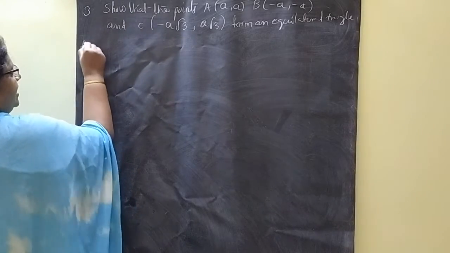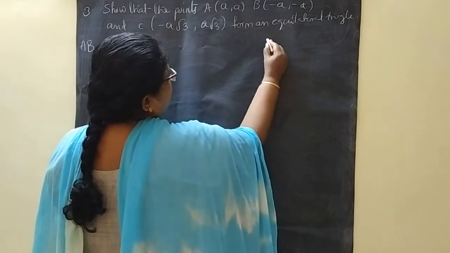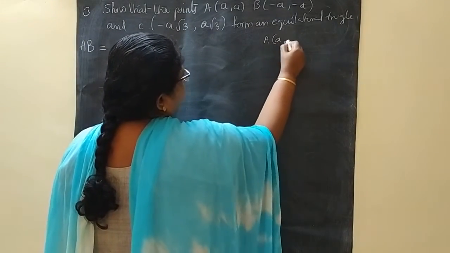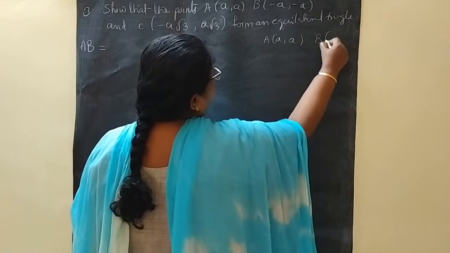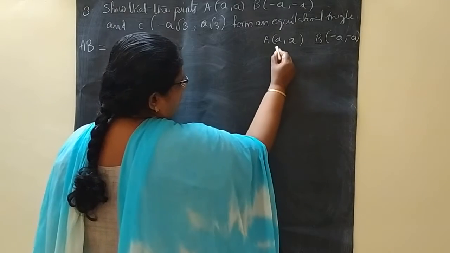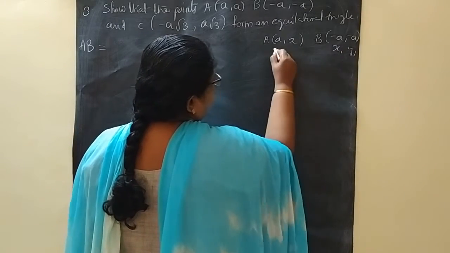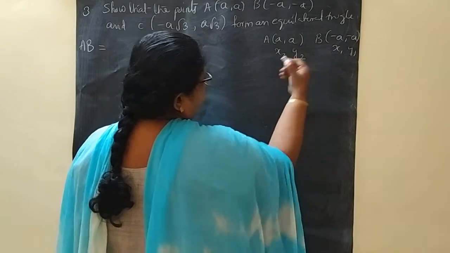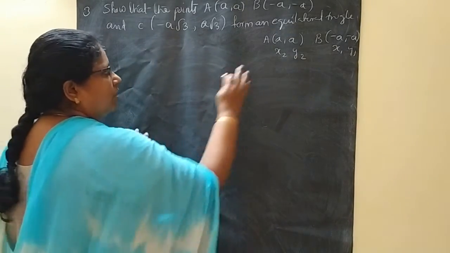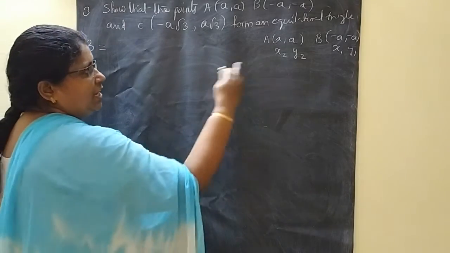So we are taking one by one. AB. What are the vertices required? Write A, A and A, minus A. Here this one I am writing x1, y1, this one x2, y2, or in reverse order also you can write, no problem, in any order.